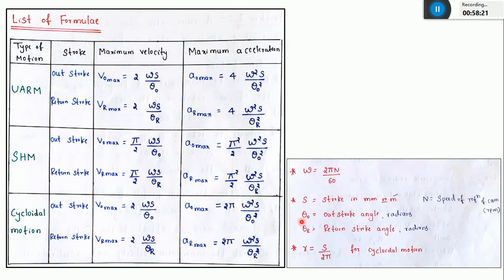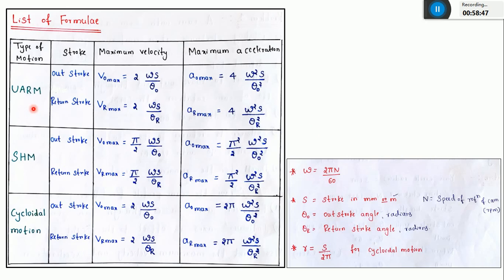And what is the outstroke angle? It means the angle covered by the cam during which the follower is moving in an upward direction. Upward means the outstroke; the downward motion means the return stroke. Both are the same. Make sure that the angle is in radians. Please note down these formulas, and in the next class I'll start with the numericals.